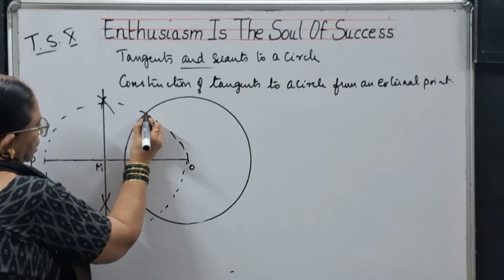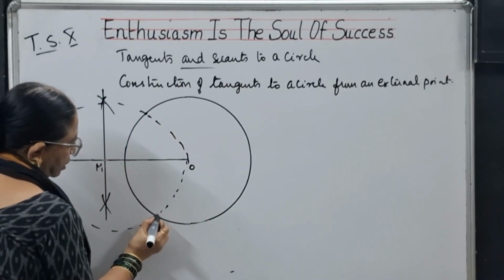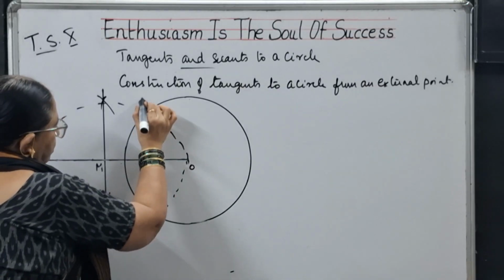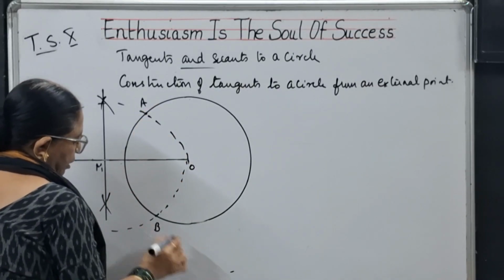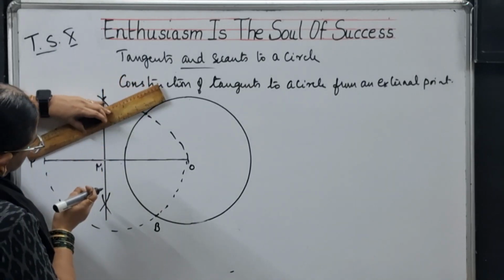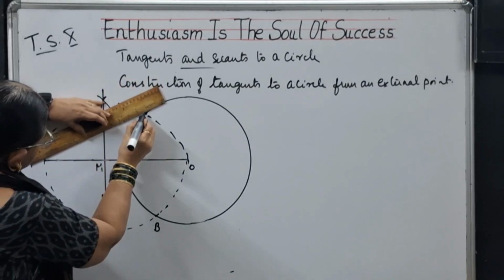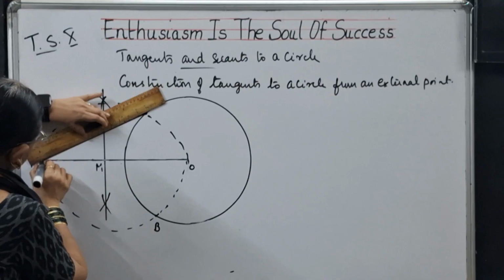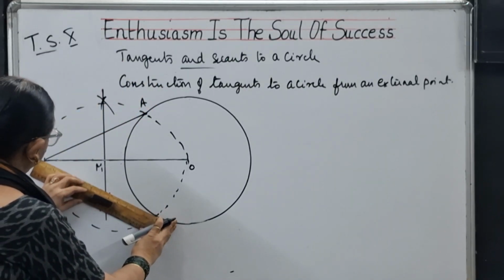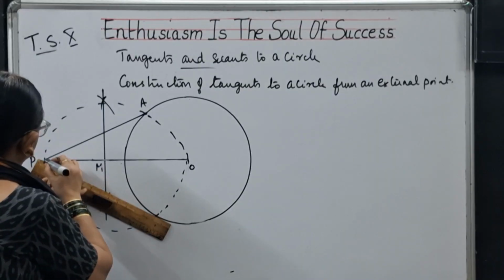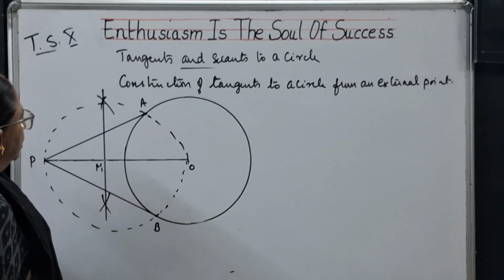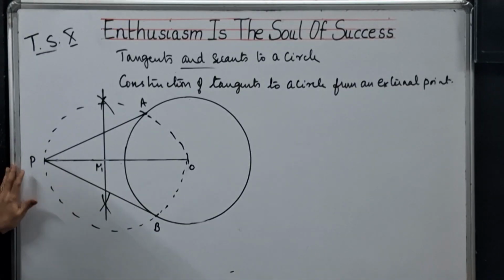This circle is intersecting the given circle at 2 points. Let me call them A and B. These two are intersecting at 2 points. Then you have to join A and P, and P and B. These two are the tangents to the given circle.